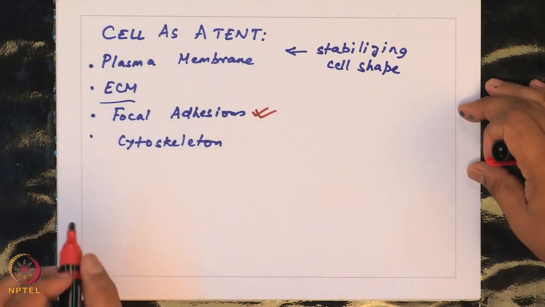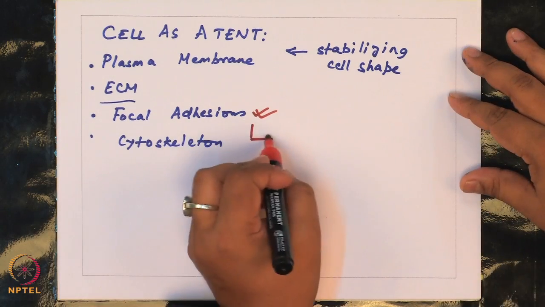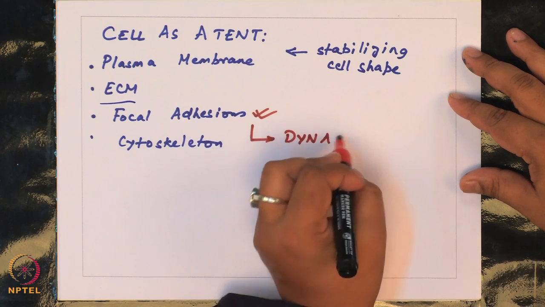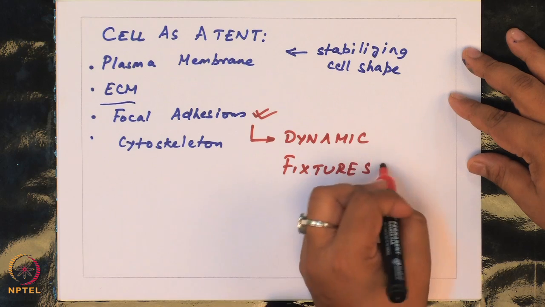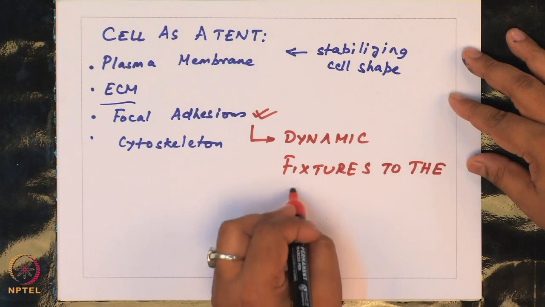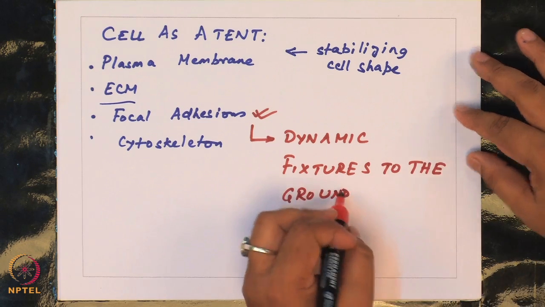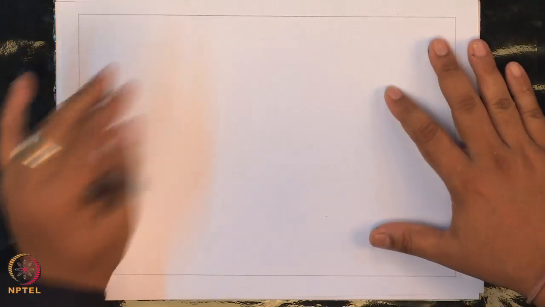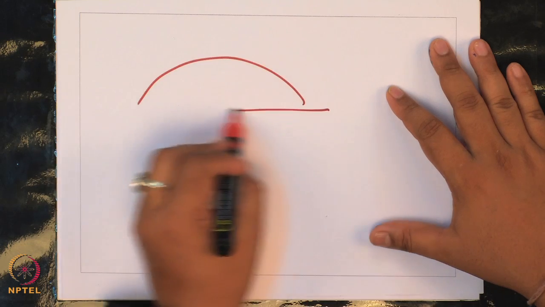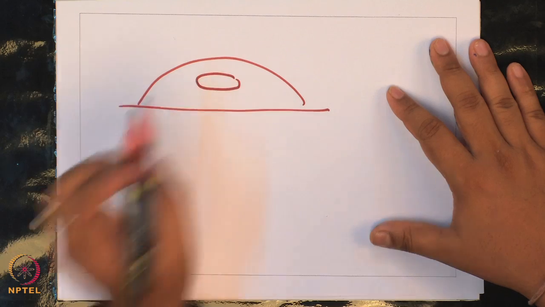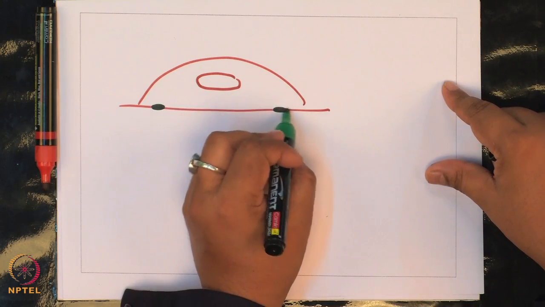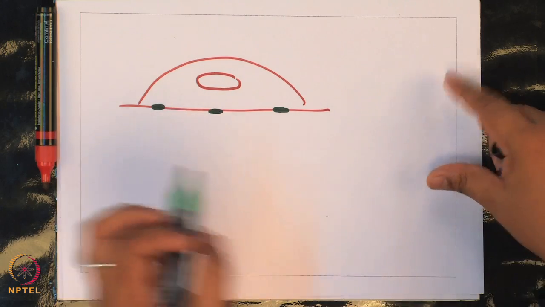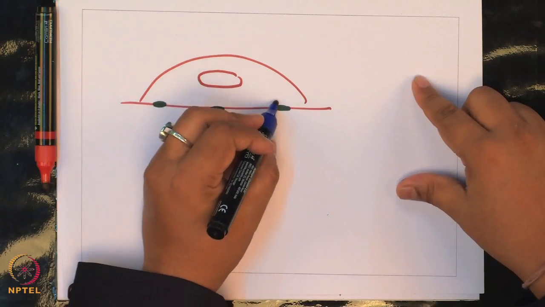Okay. What do focal adhesions do? So, these focal adhesions are nothing but dynamic fixtures to the ground. Okay. So, now we know that for adherent cells, if I draw the cell, and you have these.